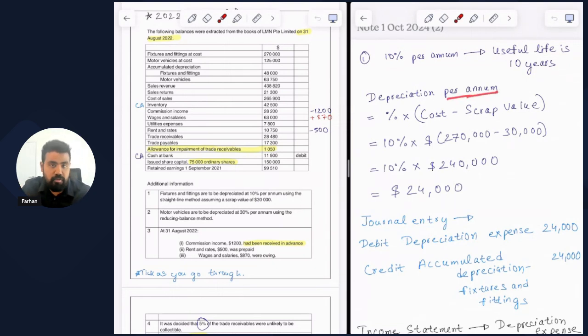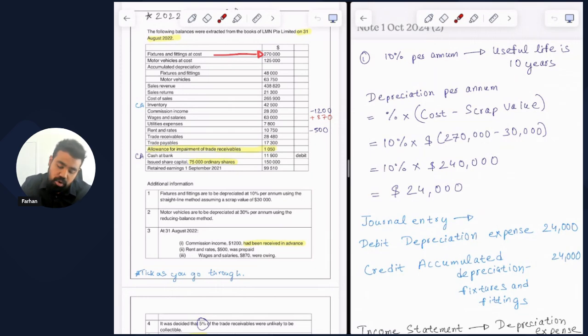So it is pretty straightforward. You take the given percentage and then multiply it with the difference between the cost and the scrap value. Now, the percentage is given to us as 10 on an annual basis. The original cost is $270,000. So where did we get this original cost from? You can check the first line of the balance that we are given, which is $270,000 for fixtures and fittings.